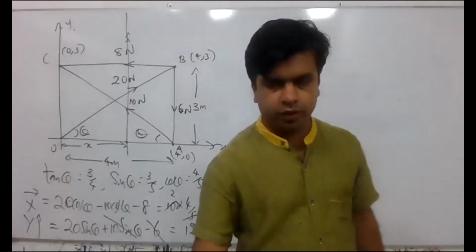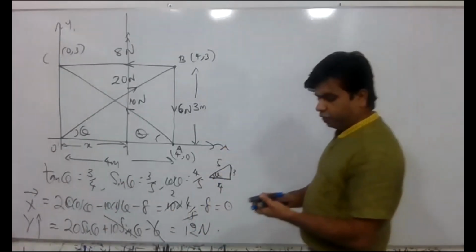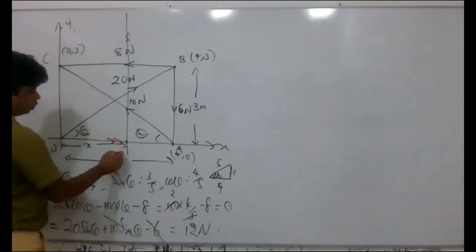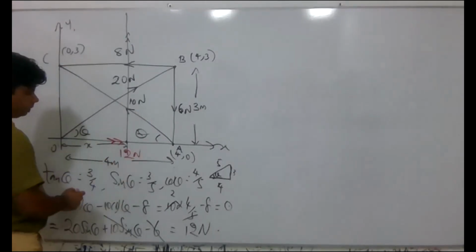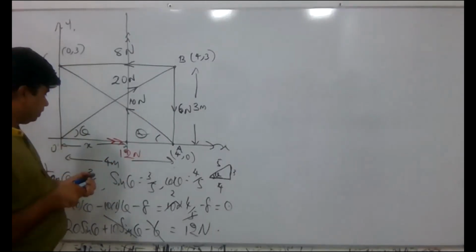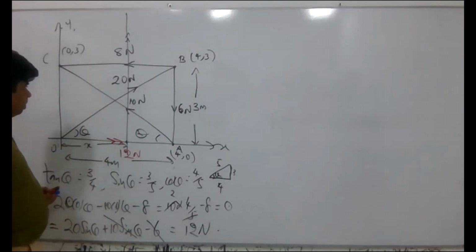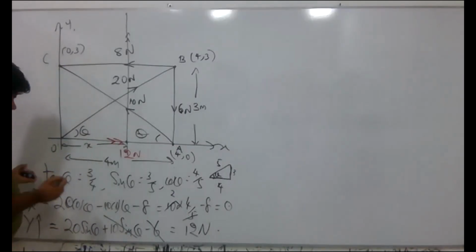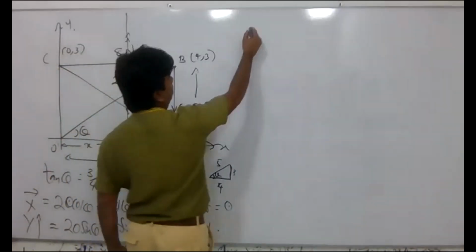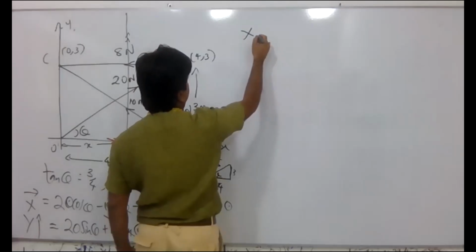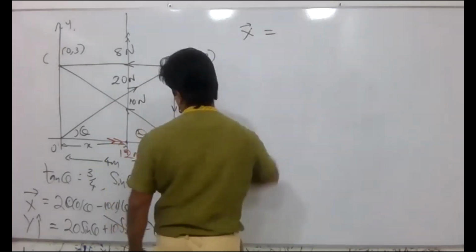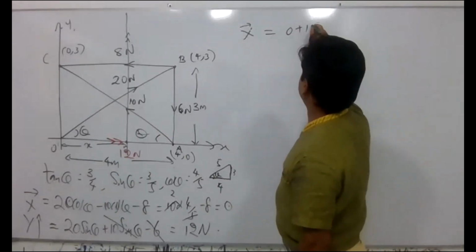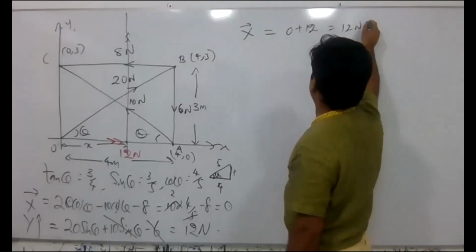Okay. Now, what you have to understand is, if you introduce an additional force here, this way 12 Newton, you can understand very simply what happened to the system. Earlier, the algebraic sum of the horizontal components was 0. Now the new algebraic sum of the horizontal components is 0 plus 12, actually 12 Newtons.